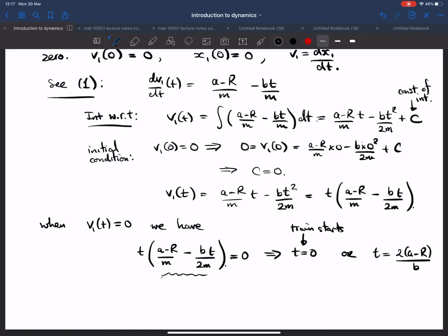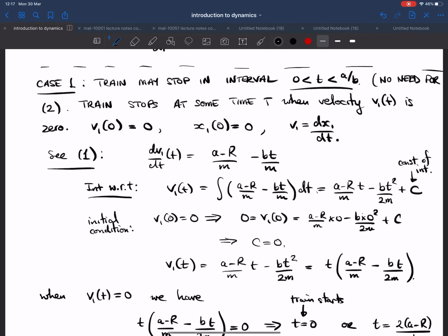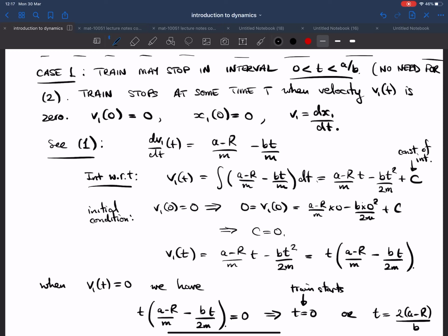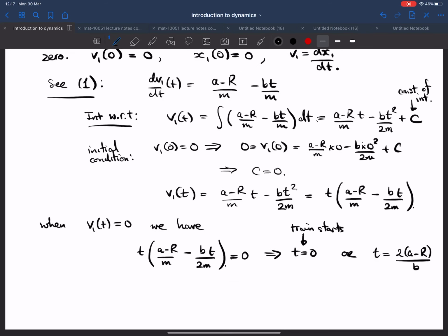Effectively, what we're looking at is when the train stops in the interval from 0 to a over b. If I draw this parabola, note that it is a convex parabola, so it has a maximum.